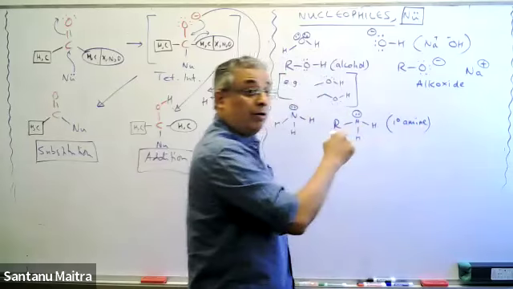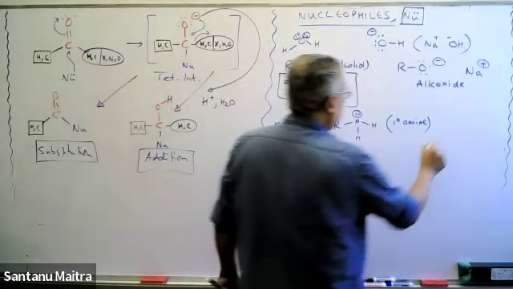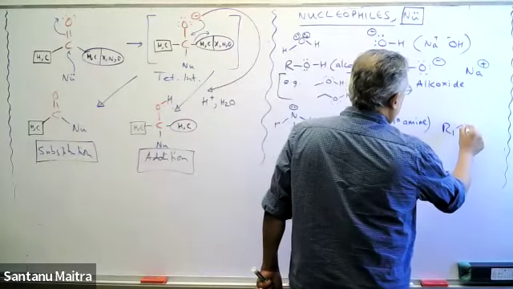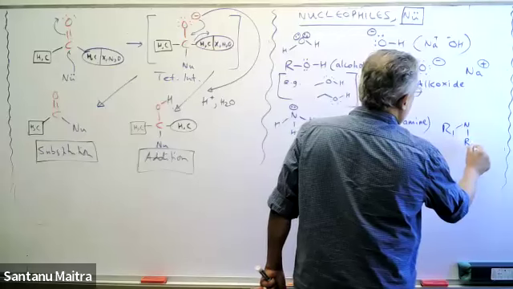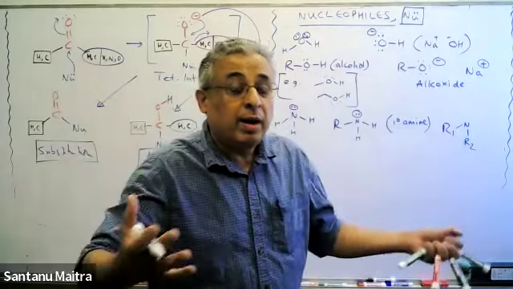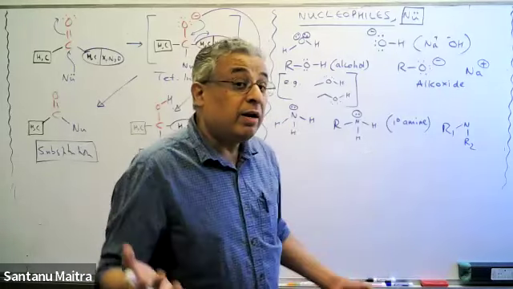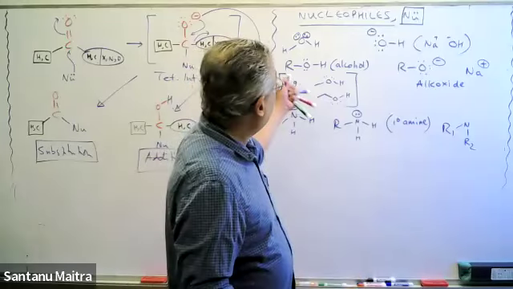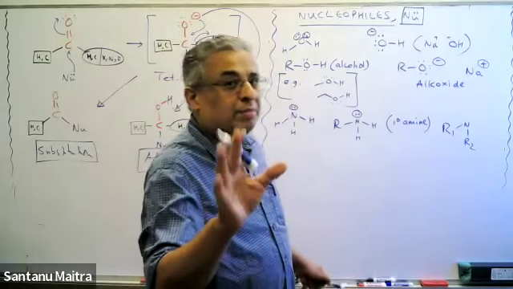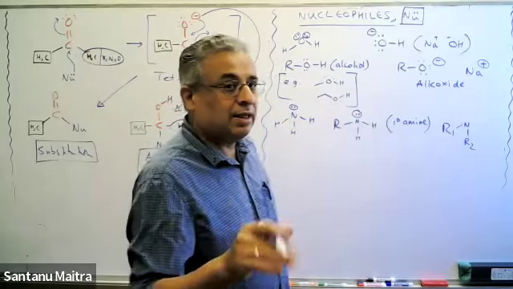It's a great nucleophile. If you replace two of the hydrogens with R1 and R2, R1 and R2 can be the same species. They can both be a methyl, they can both be ethyl, they can both be even an aromatic ring, right? Same is true here. Well, same is not true here. If it is aromatic, then things can be a little sketchy.